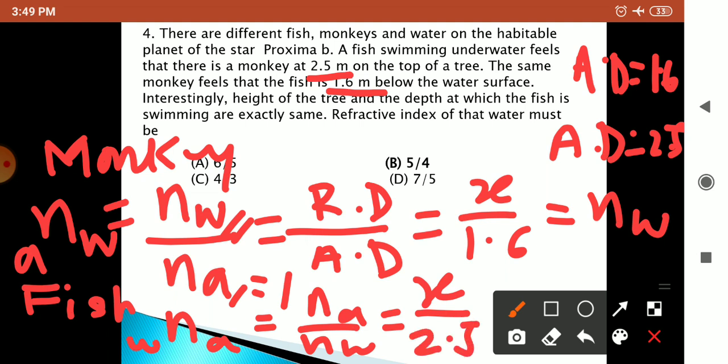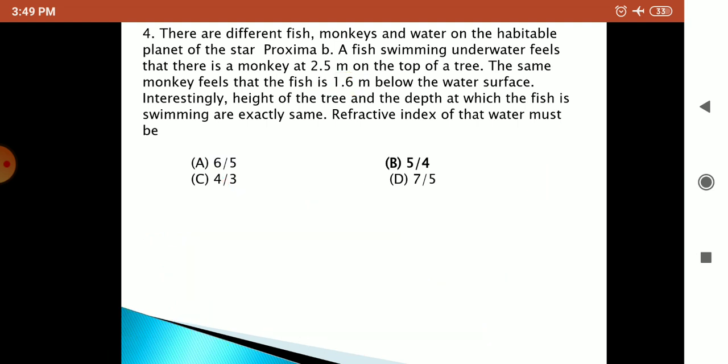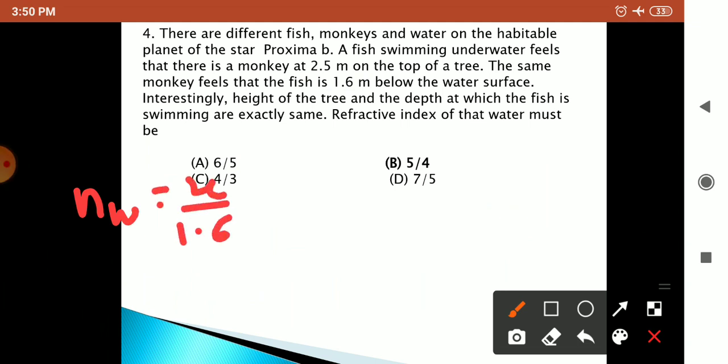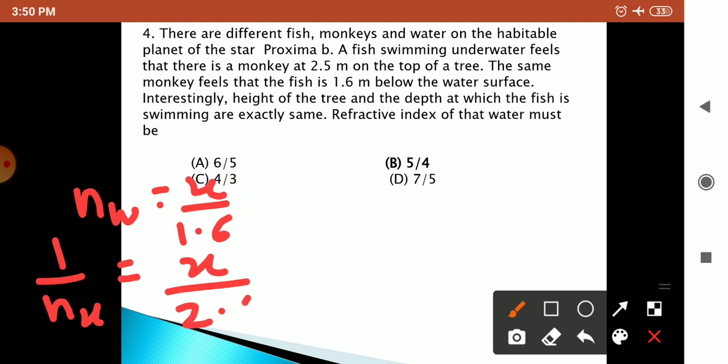So from these two equations, we can write NW is equal to x upon 1.6 and 1 upon NW is equal to x upon 2.5.